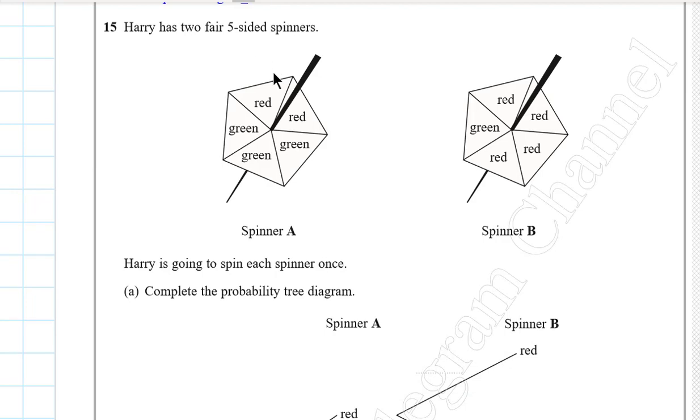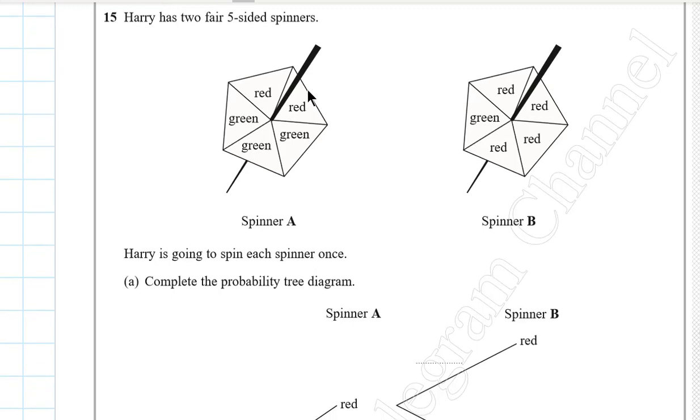Harry has two fair five-sided spinners. For the first one we have 2 red and 3 green. For the second one we have 4 red and just 1 green. Harry is going to spin each spinner once. Complete the probability tree diagram.